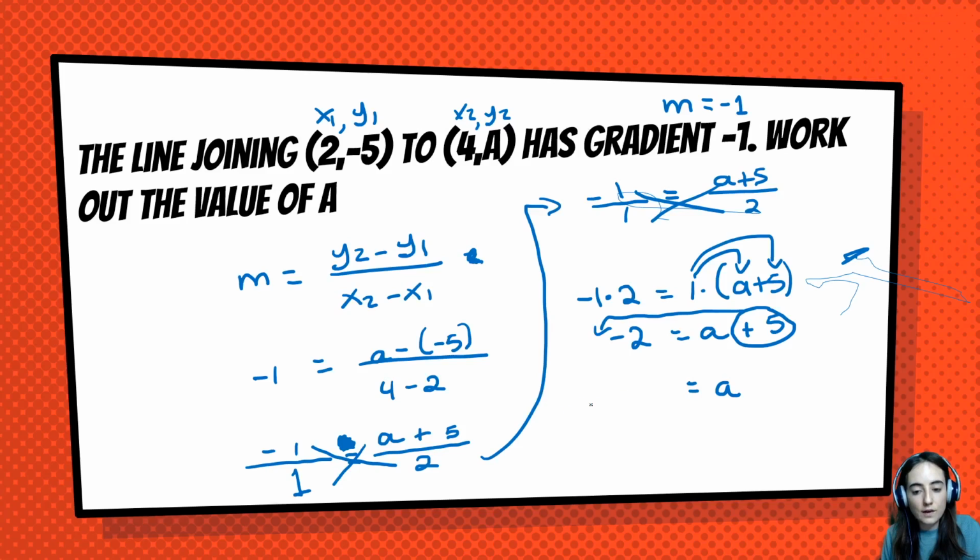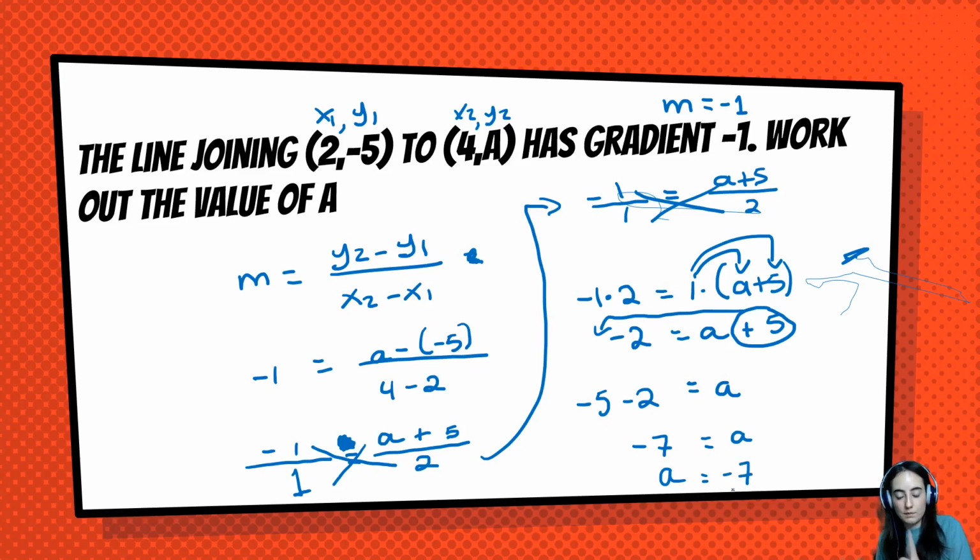So from plus 5, it becomes a minus 5. Minus 5, minus 2, I keep that as it was. So minus 5, minus 2, both in the same direction. That means it's minus 7, right? So your a is minus 7. You can just flip it at that point. When you flip both sides at the same time, you don't have to change the signs. So a is minus 7, and there you have it.